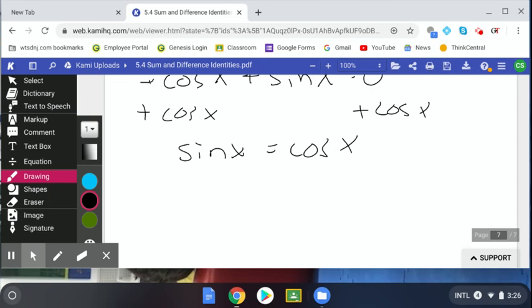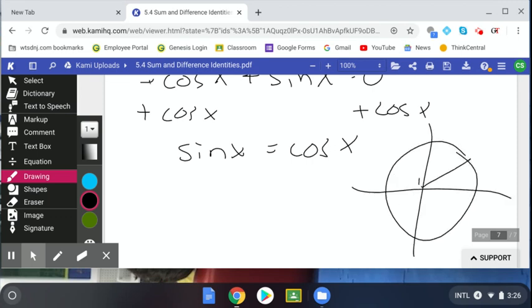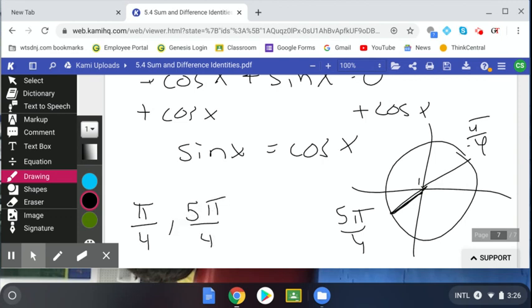Because if you remember your unit circle, at pi over 4, the cosine value and sine value are square root of 2 over 2. And then here they would both be negative, which would work as well. So this would be 5 pi over 4. So my answer should be in that interval, pi over 4 and 5 pi over 4. And now I am done. Okay, thank you.